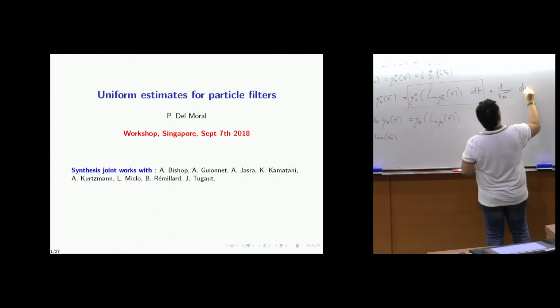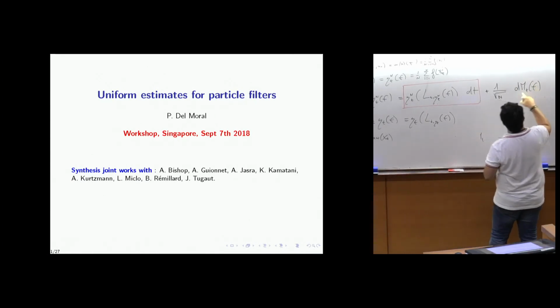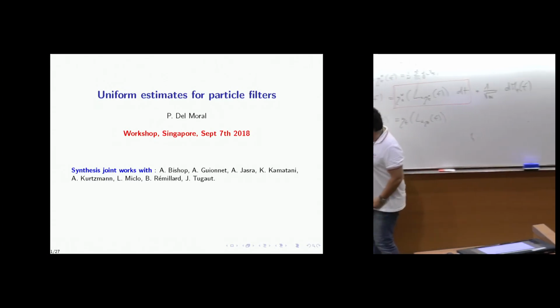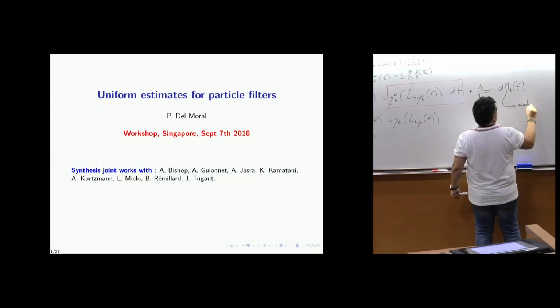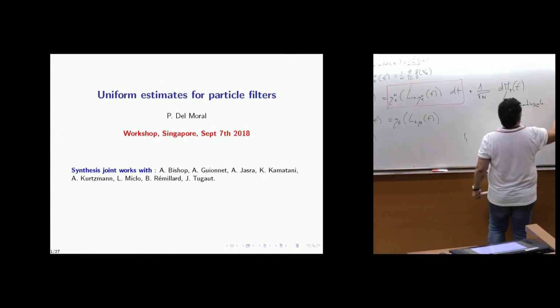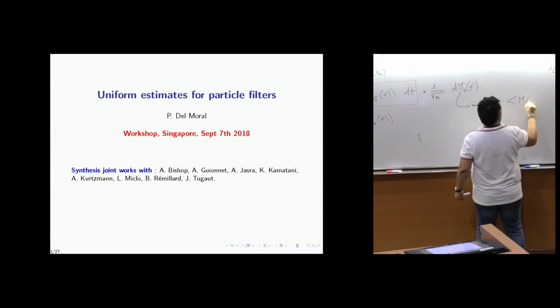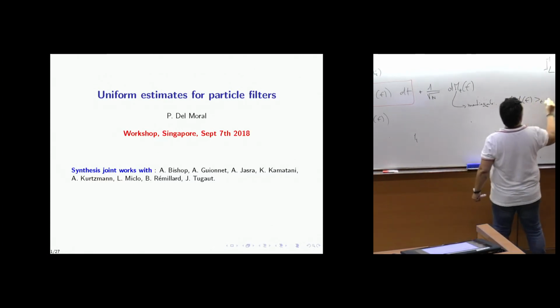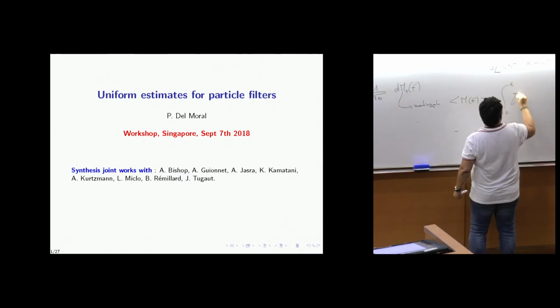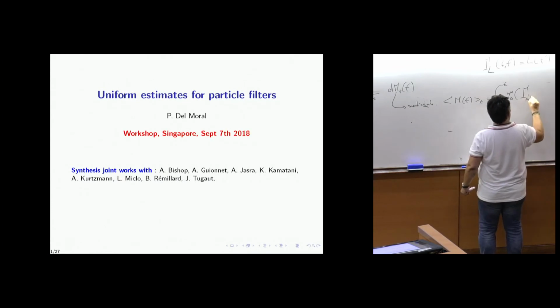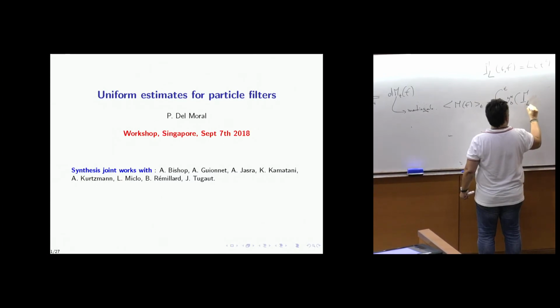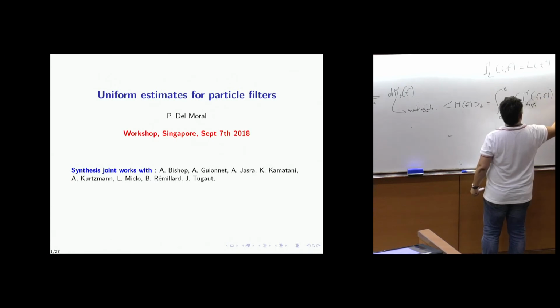Martingale, so I write it with a little m, and this is a calligraphic one. This is a Martingale, and the angle bracket is simply given by the integral from 0 to t of eta ns, gamma L eta, L s eta ns, my function, ds.